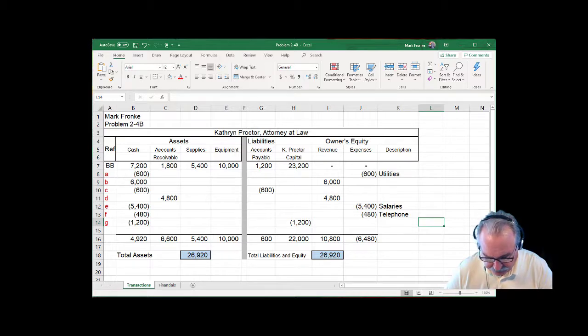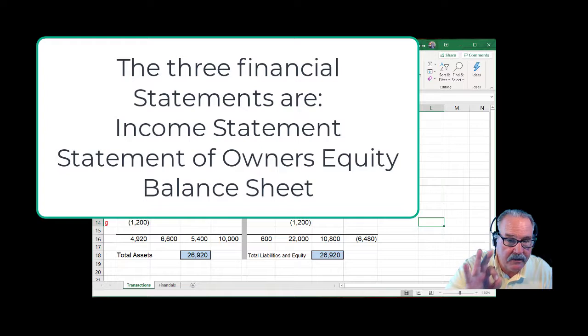Financial statements that we'll be preparing, there are three: the income statement, the statement of owner's equity, and the balance sheet. These are the three basic financial statements that we'll be using for the rest of your life. Because if you are General Motors or Apple Computers or whoever, you're going to prepare these same three financial statements.